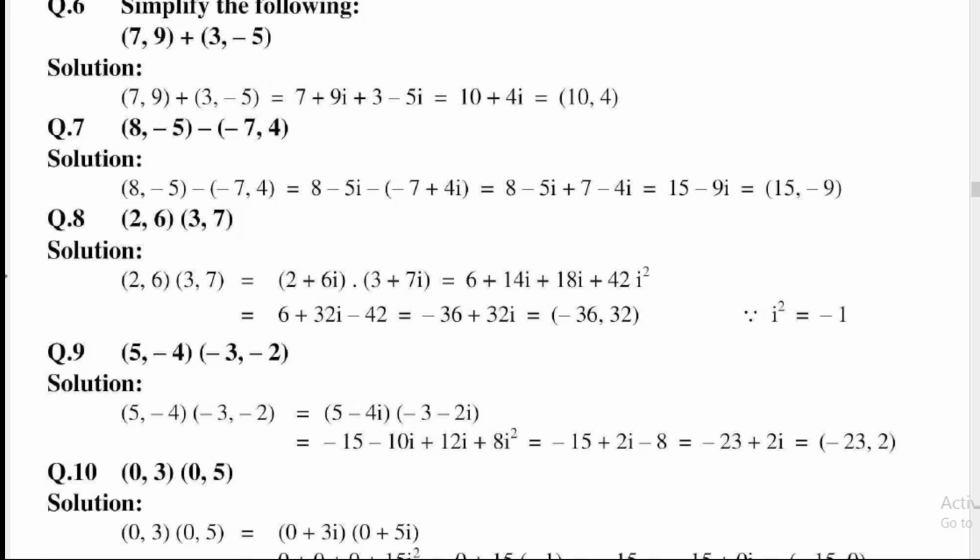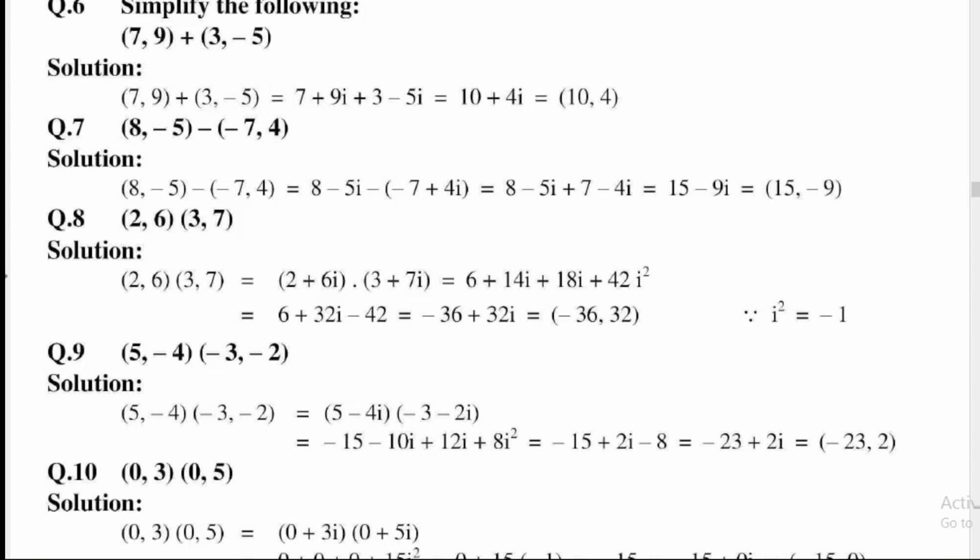Next, question number 8, that is (2, 6) into (3, 7). (2, 6) can also be written in complex form, that is (2 + 6i) into (3 + 7i). So multiply: 2 times 3 is 6, 7 times 2 is 14i, 6 times 3 is 18i, and 7i times 6i is 42i squared. 14i plus 18i is equal to 32i, and 42i squared is equal to -42.